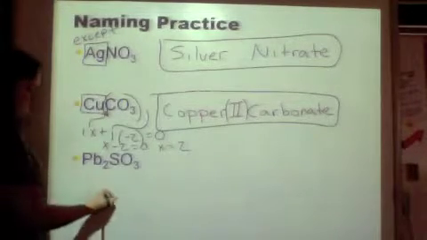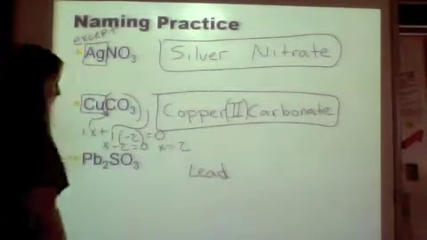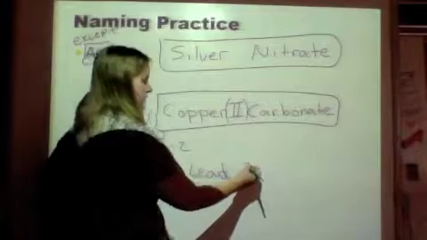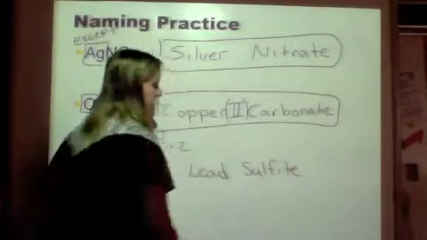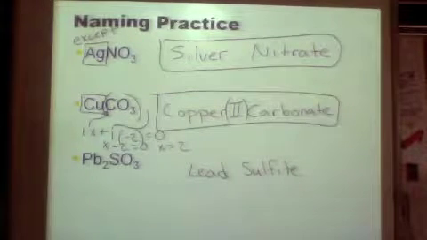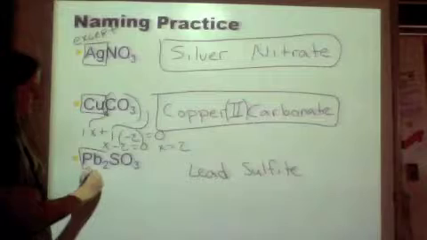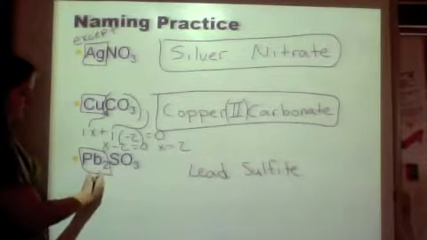Okay, Pb is lead. SO3 is sulfite. Okay. Does lead fall between 3 and the staircase? Yes. So then we have to find the Roman numeral.